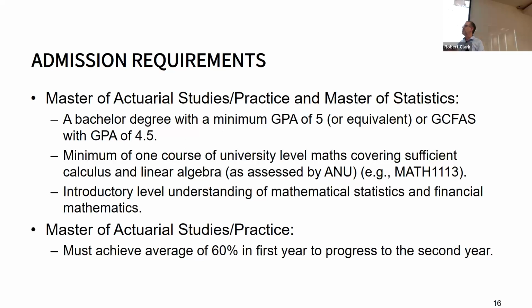Depending on where you've done your undergraduate study, ANU will convert your prior study into an equivalent GPA, or a graduate certificate in finance and actuarial statistics with a GPA of 4.5. Now, in case you're wondering, if you're in this position, we have waived, at least to some degree, these requirements over the period of COVID, although I think we're returning back to normal now.